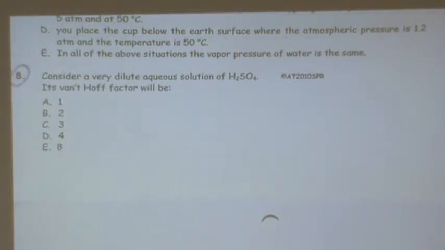So per molecule of sulfuric acid, you get how many particles? 3. You get 2 hydrogen ions and 1 sulfate ion. So the answer is C.